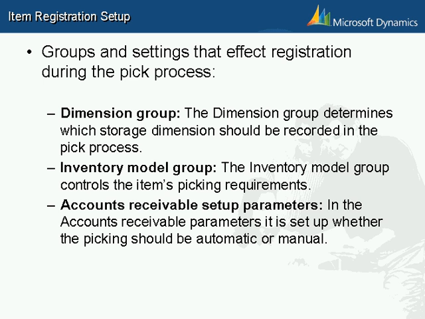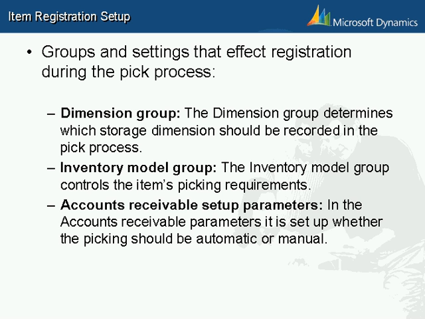Item registration setup. Microsoft Dynamics 6 can be set up to facilitate the picking process automatically or manually by requiring the user to record the item number, configuration, quantity, and dimensions before the physical update can be recorded. Settings that affect how the pick process performs are specified in the Dimension Group.